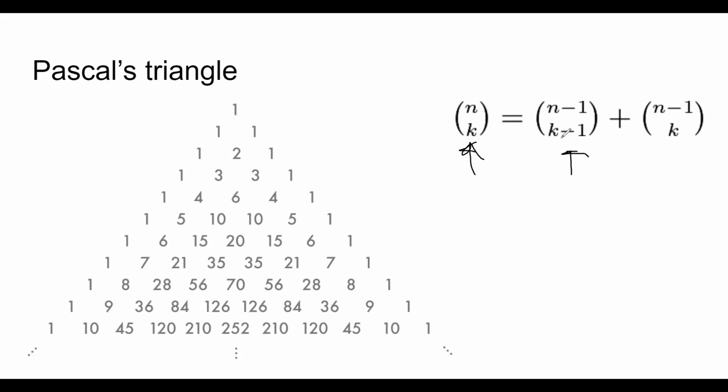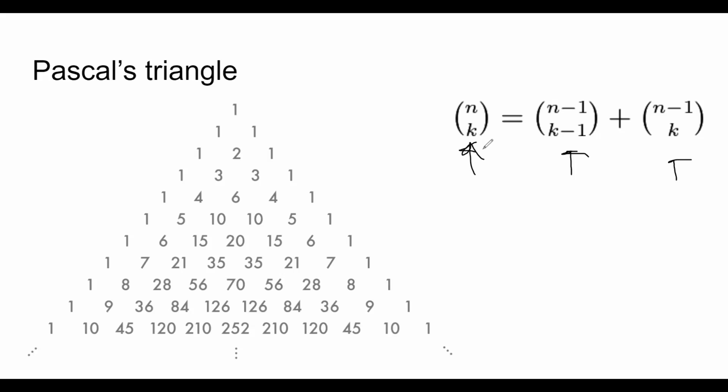This is the number of ways to choose k minus 1 people out of n minus 1 people. And this is the number of ways to choose k people out of n minus 1 people, right? So I'm telling you that these are both ways to count how to choose k people out of n.